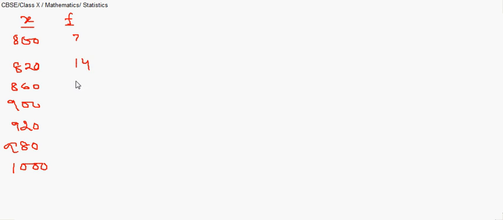Let me quickly note down the values again. Now under the shortcut method, we find the value of d. What is d? d will be x minus a, where a is the assumed mean.